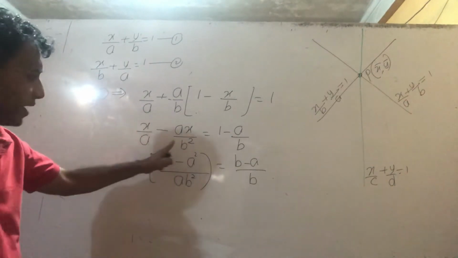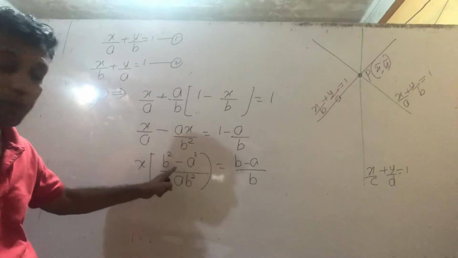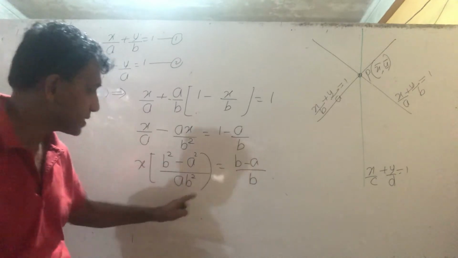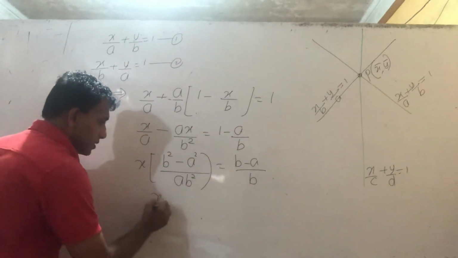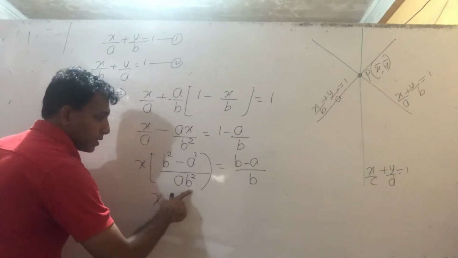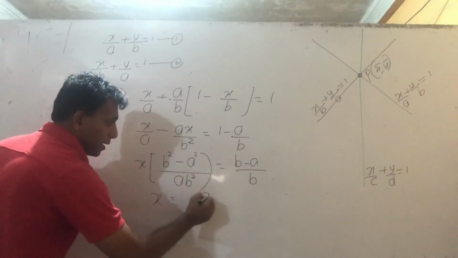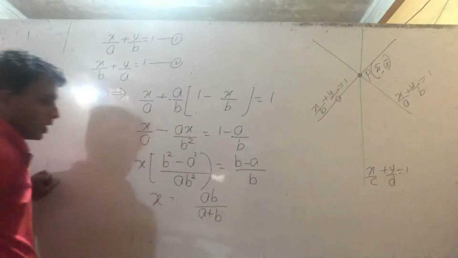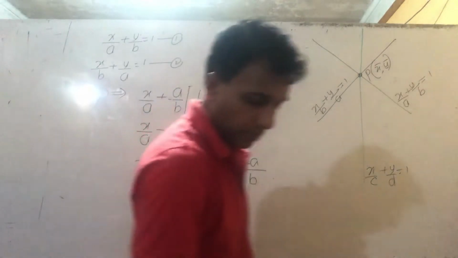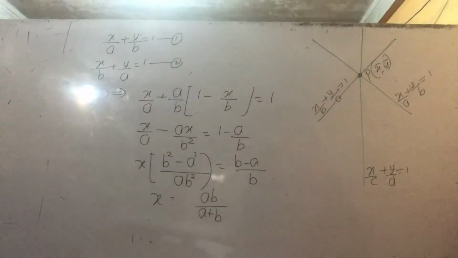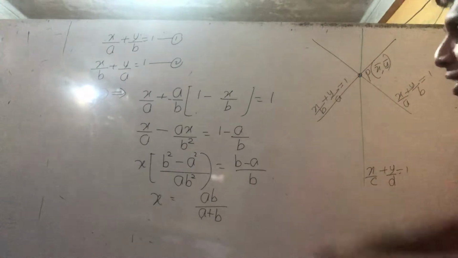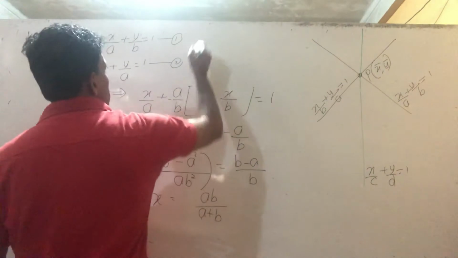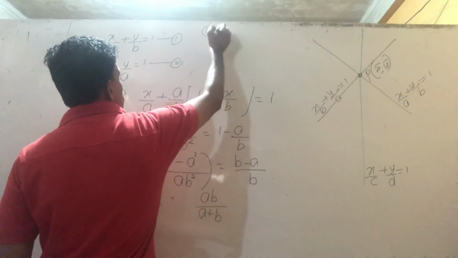You can factorize b minus a, b plus a. So b minus a cancels. Therefore, what is the x answer? If we cross multiply, can I say a b over a plus b? Is it okay? Check value. x is a b over a plus b. The x coordinate is a b over a plus b, let's call it x bar. In the same fashion, find y. That also becomes the same answer, I think. Simplify by the same method.